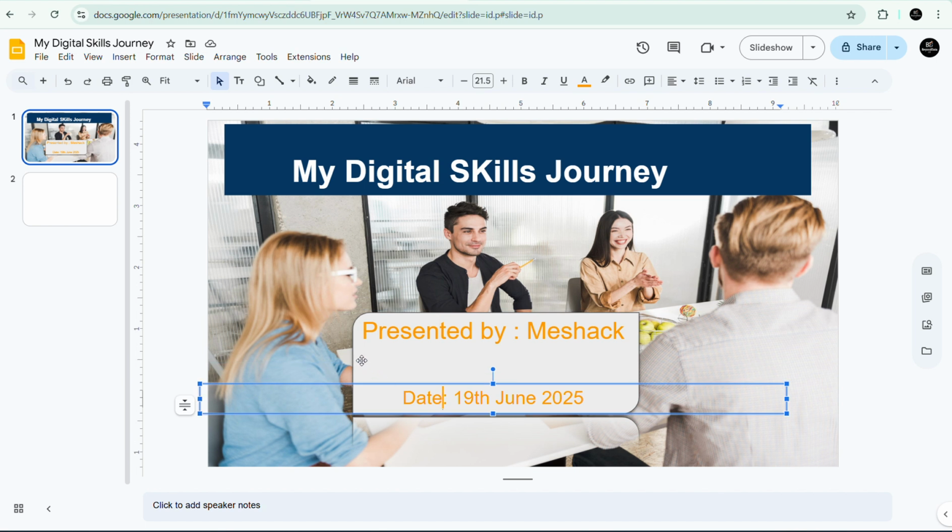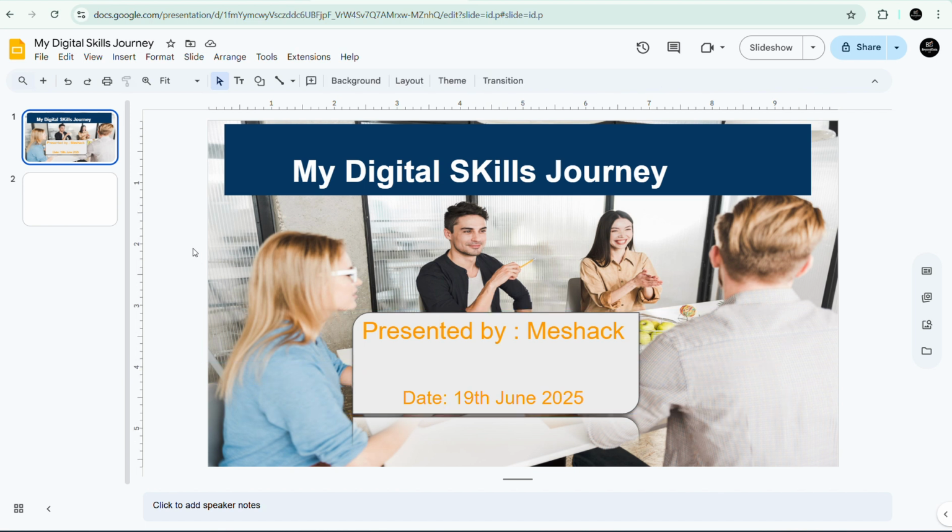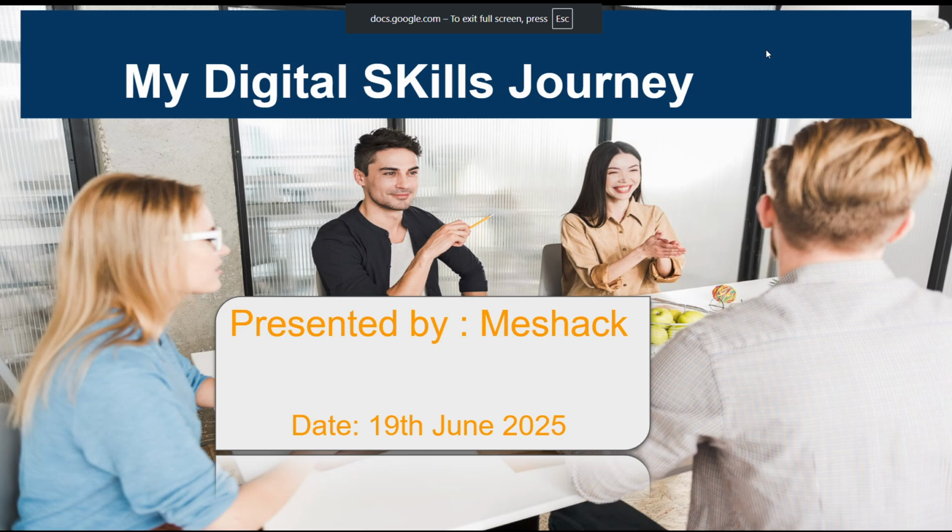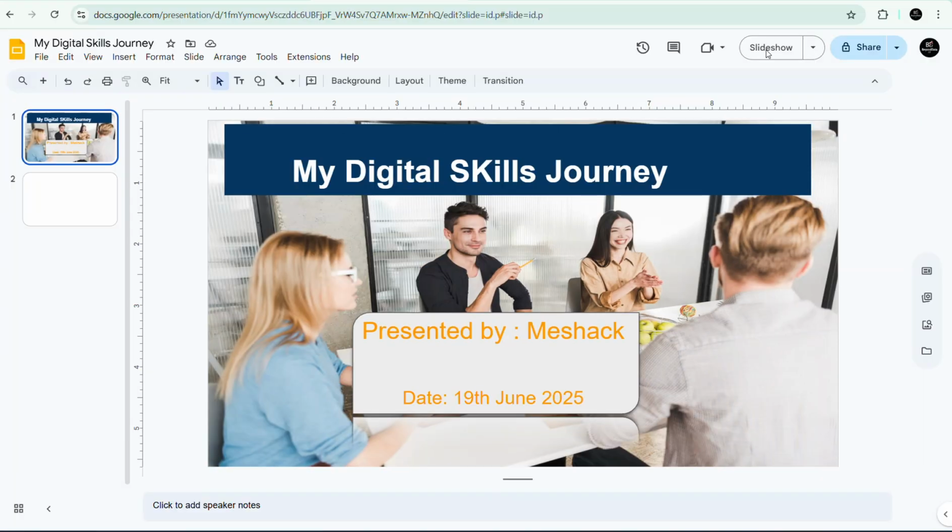We just again inserted a shape just to help us be kind of creative. And then when you want to slideshow, you just click on slideshow here and your presentation will be ready. It is as if I took the whole day for me to create this. So that's a simple presentation.